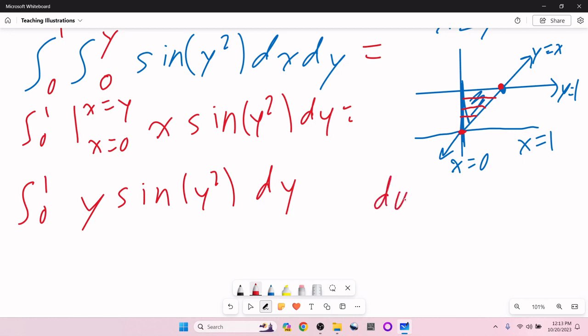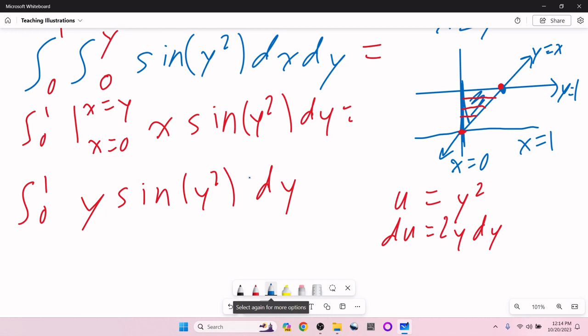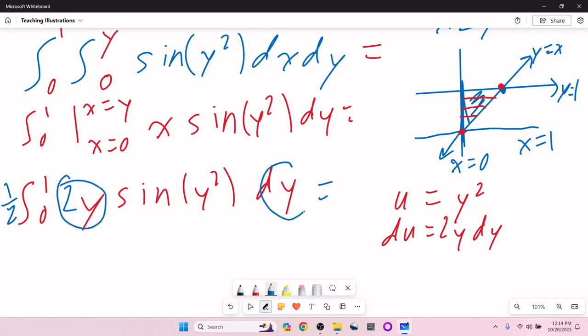And now we can do the u sub. U is y squared, so du is 2y dy. So I'm going to put a 2 here and a 1/2 here to balance it out. And so this and this combine to make du. 1/2 integral of sine of u du.